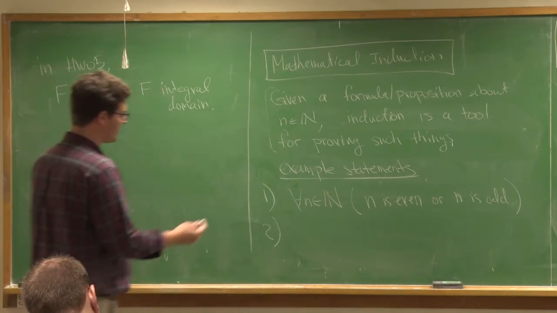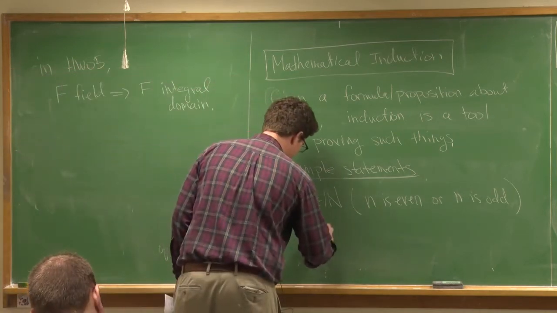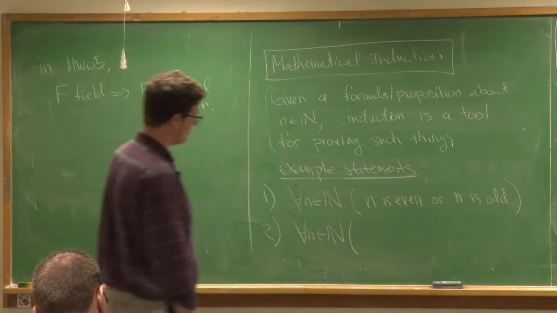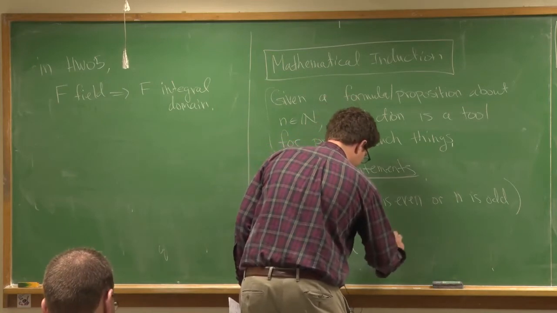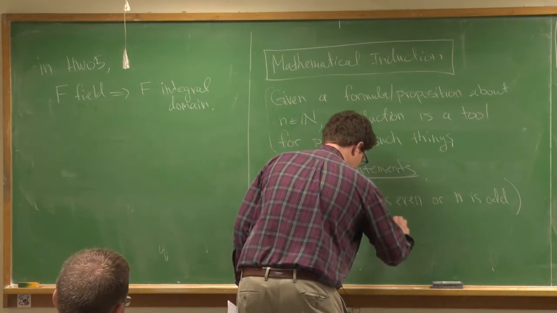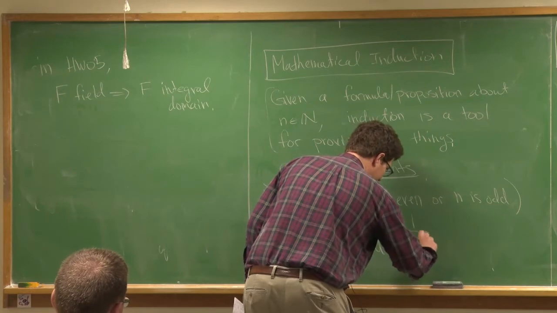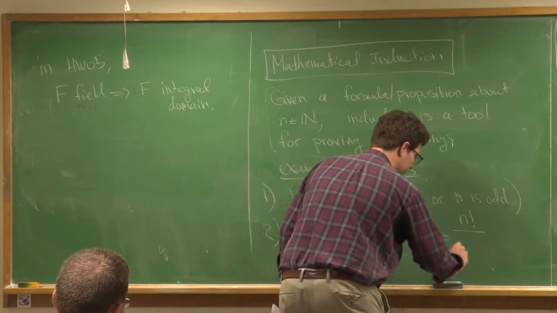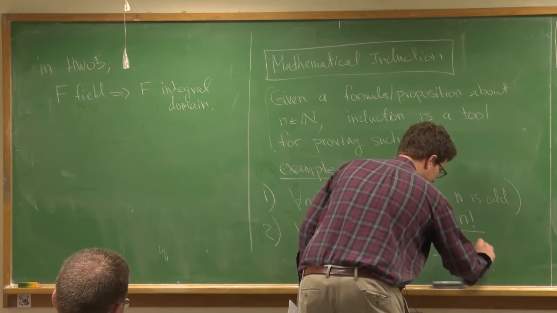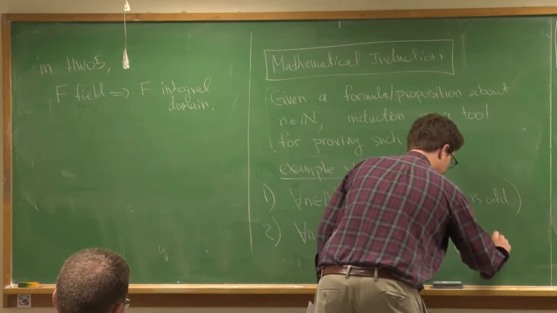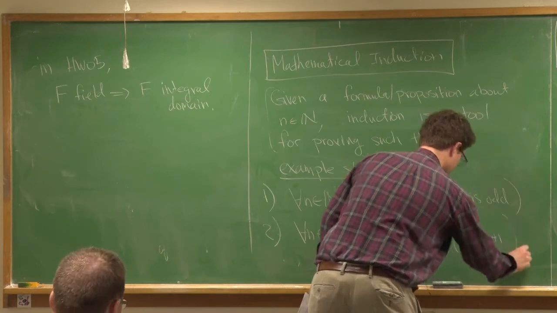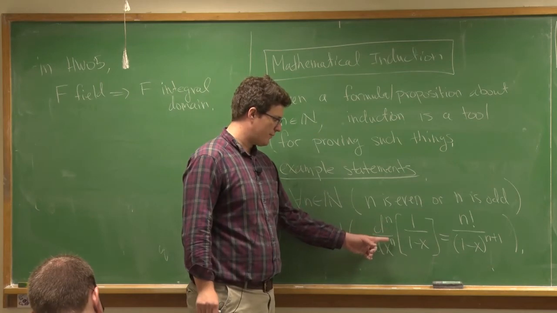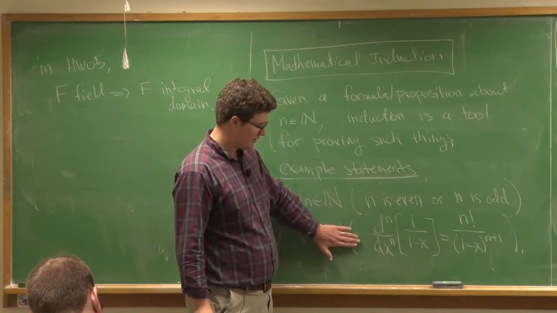Here's a second example. For every n in the natural numbers, the nth derivative of 1 over 1 minus x looks like n factorial over (1 minus x) to the n plus 1. This formula involves only one free variable, n, which is the bound variable.